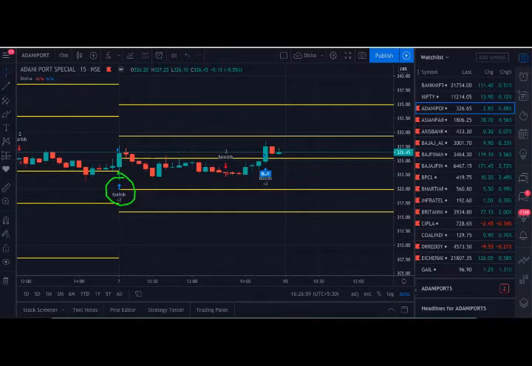Later you can see that no buy signal was generated in the consecutive candles. Later a bearish trend was given at this candle. Even after that, no sell signal was generated.